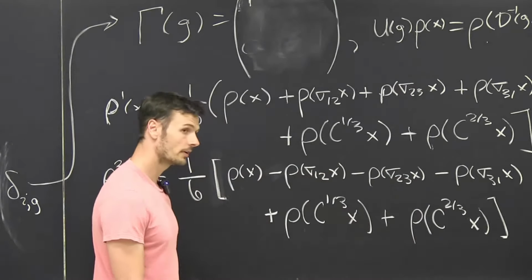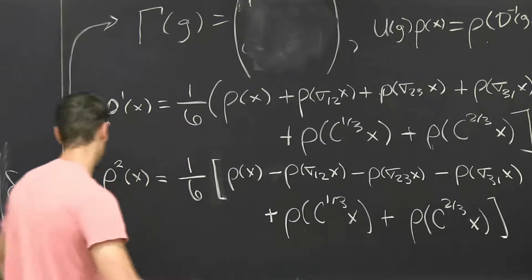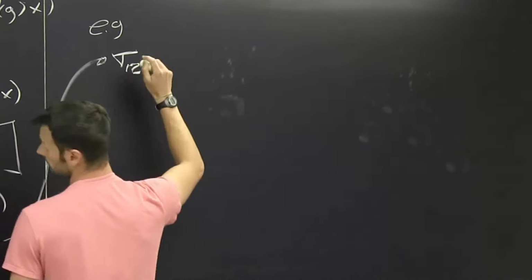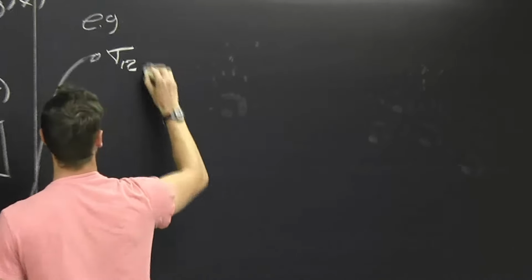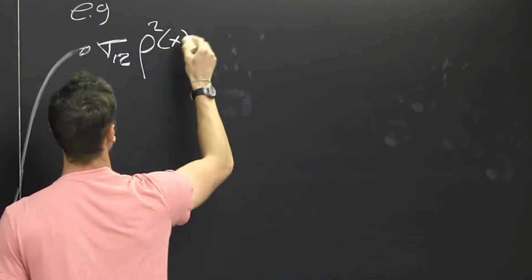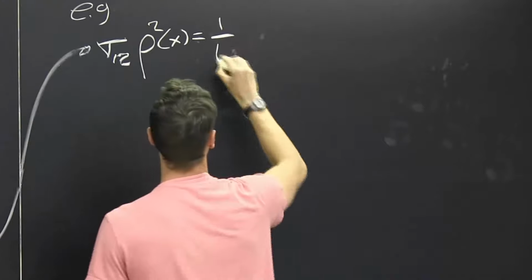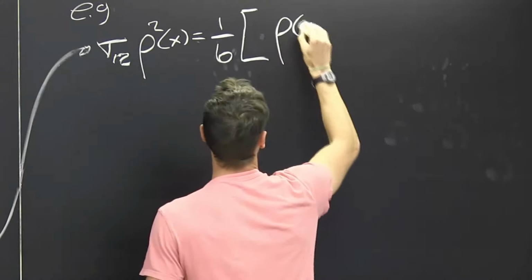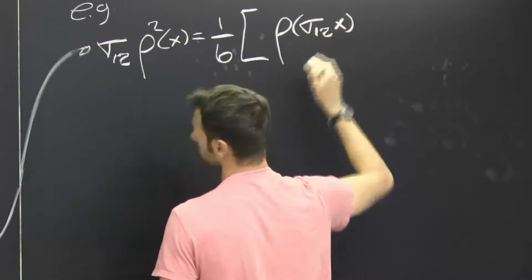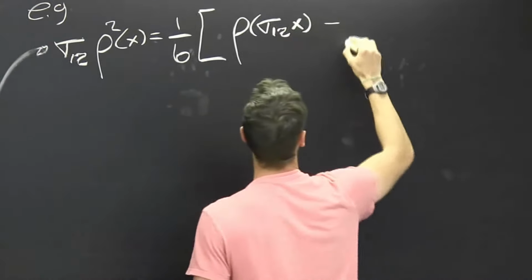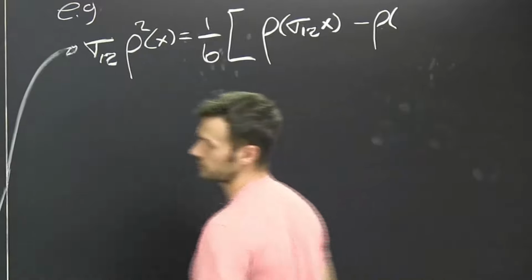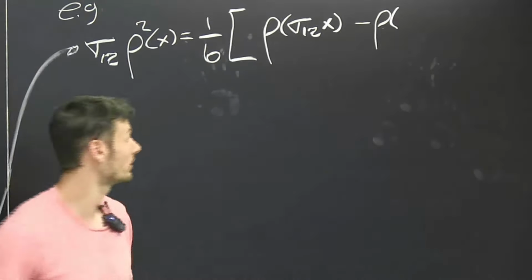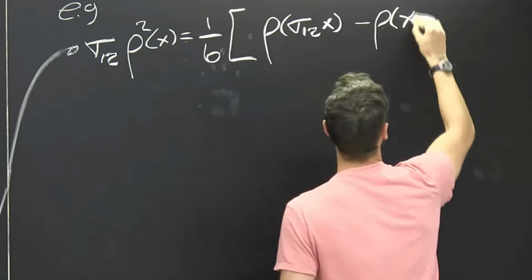So let's say it's sigma 1, 2. Let's just do it. Sigma 1, 2 on what I've called rho 2 x. So I get 1/6 rho of sigma 1, 2 x minus rho. So sigma 1, 2 on sigma 1, 2 is the identity because it's the inverse of itself. So I get x here.